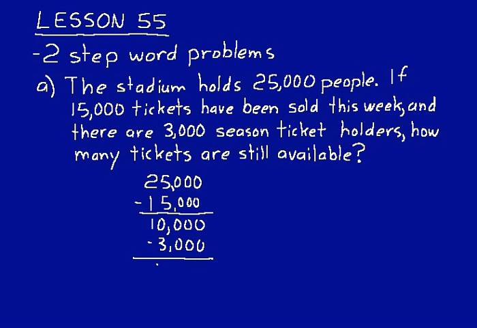And so that would give us 7,000. And see, basically we had two larger, smaller difference stories within that one word problem. And so we could write 7,000 tickets. That's how many are still available. 7,000 are still available. Make sure that you answer the question that was asked for that particular problem. Let's go ahead and do one more of these.